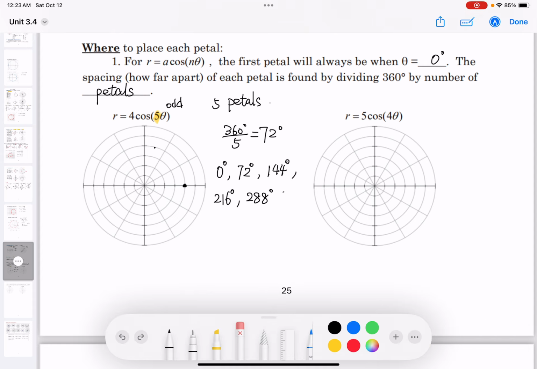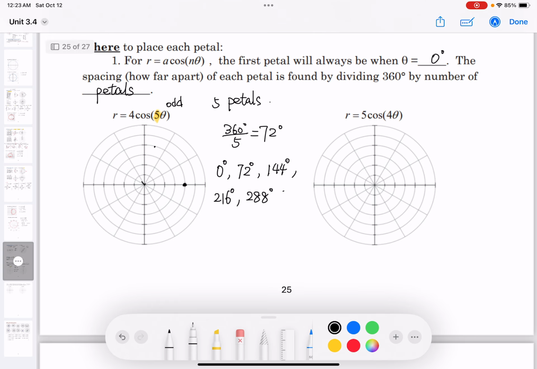First one is here, second one is here, for example. And the third one is 144. So this is 135 and this is 150. Between them is a point here. This is my third petal.